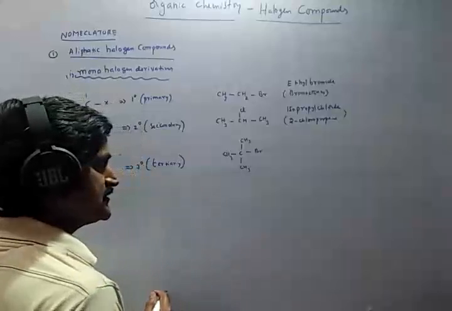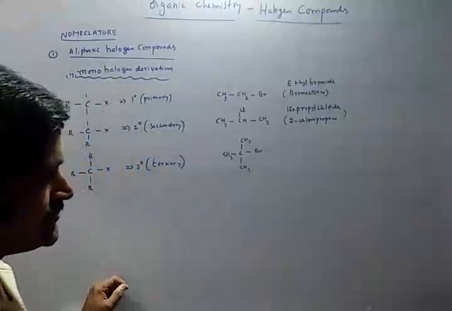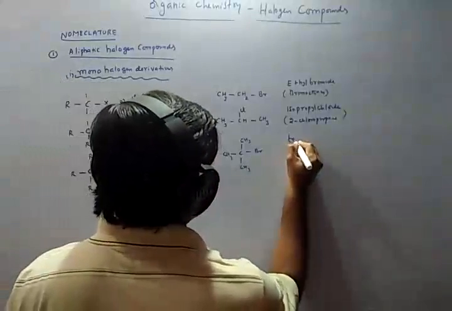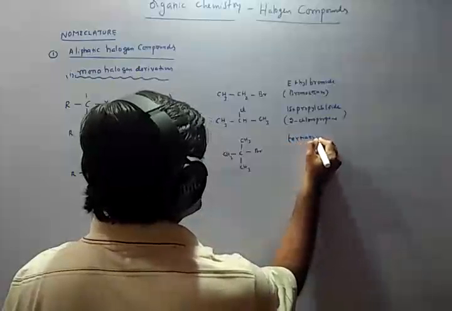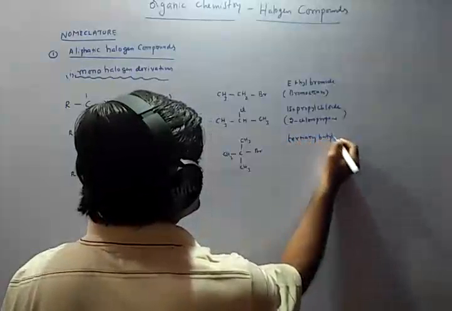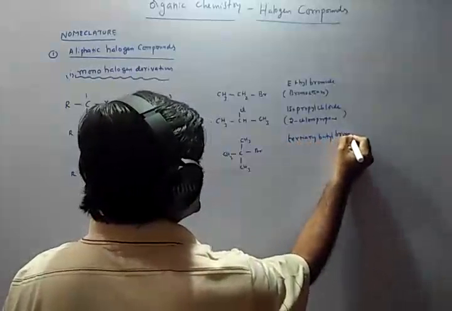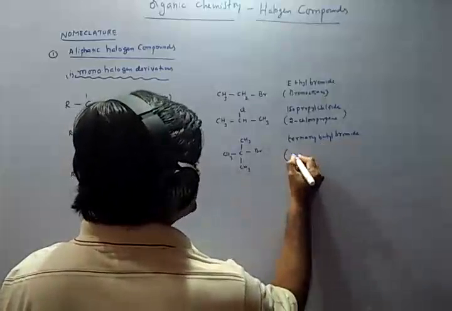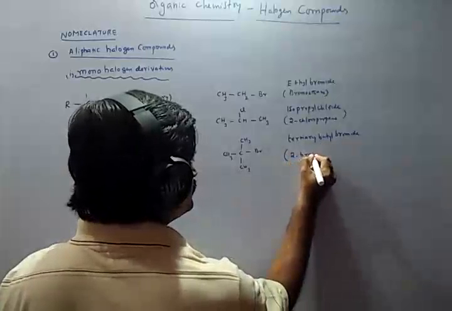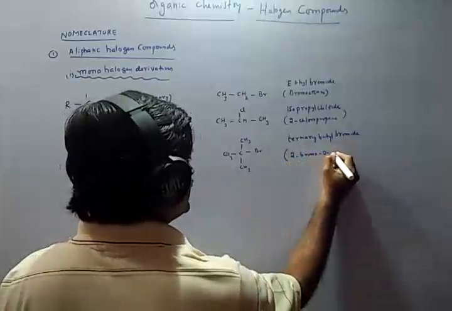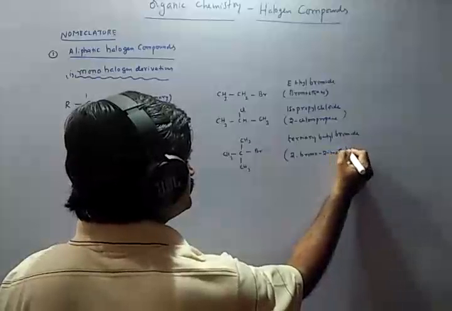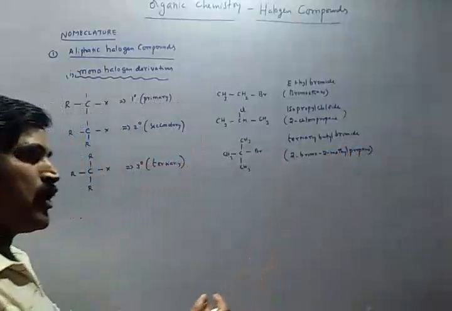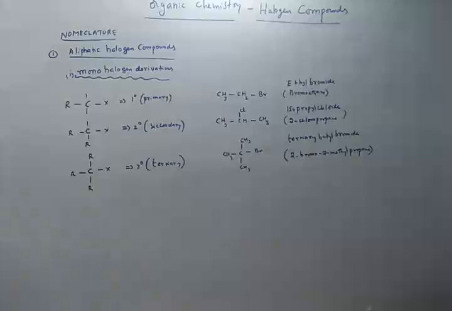In this case, I should call this tertiary butyl bromide. The common name is tertiary butyl bromide, and the IUPAC name is 2-bromo-2-methylpropane. IUPAC naming always tries to take the parent carbon chain.